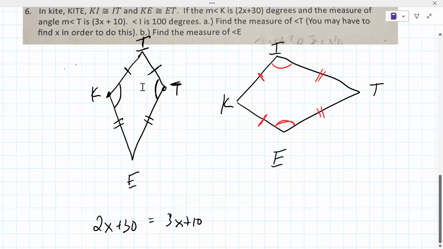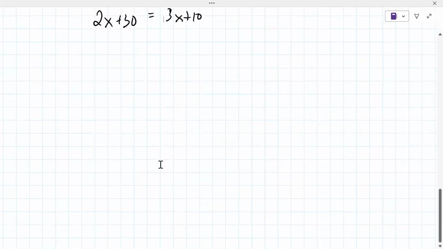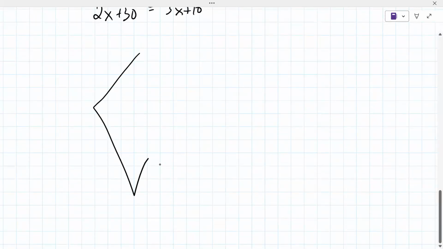How do you know when to put 360 or 180 or 90 into the equation for finding X? In a kite, you would not do that typically because you're going to be given that the opposite angles are congruent. So it depends on the shape. Remy, are you asking, do all four-sided shapes equal 360? Let me give you an example because this is when you would use that.